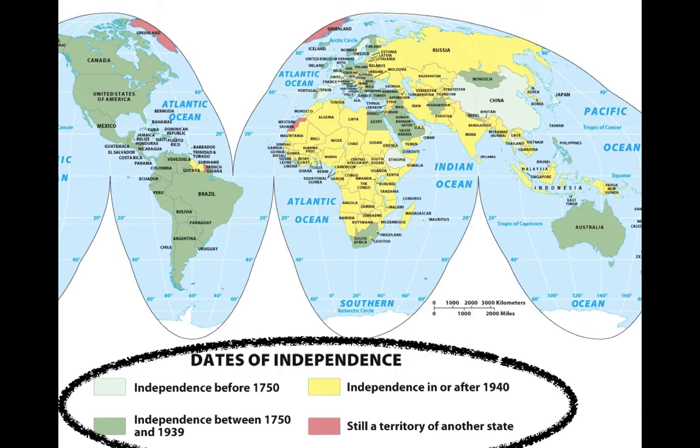As you can see, most states in the Americas gained independence sometime between 1750 and 1939, while in sub-Saharan Africa, we can see independence was granted after the 1940s, as it was in South Asia, much of the Middle East, Central Asia, and Southeast Asia. Whereas in Western Europe, many of these states were independent before 1750 and others independent between 1750 and 1939.